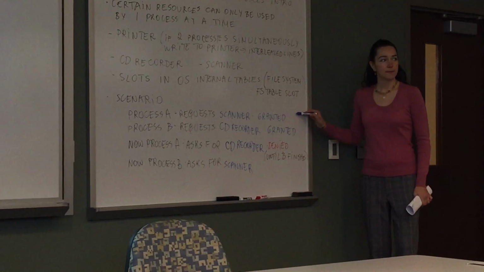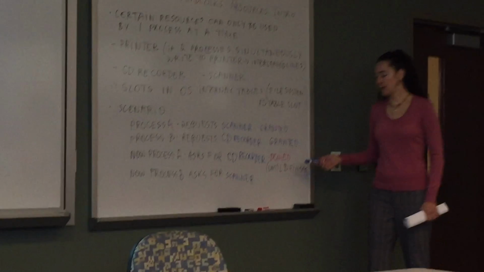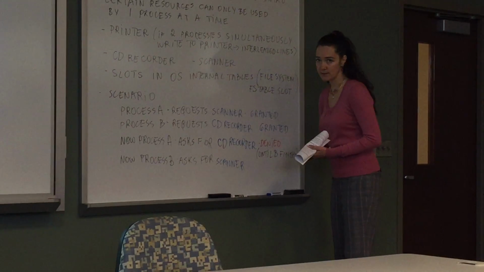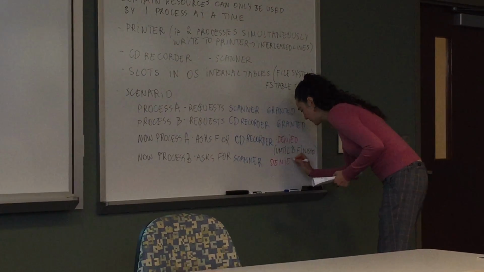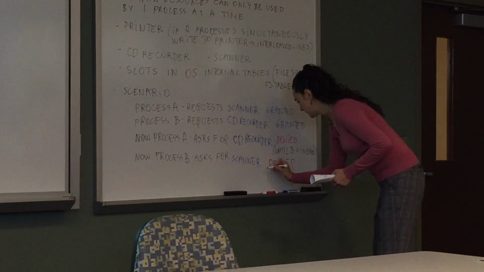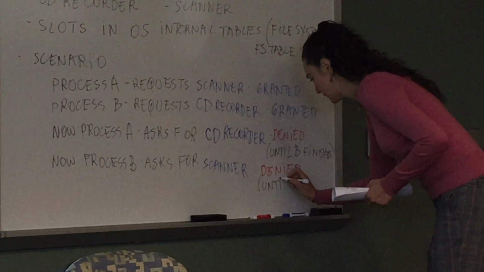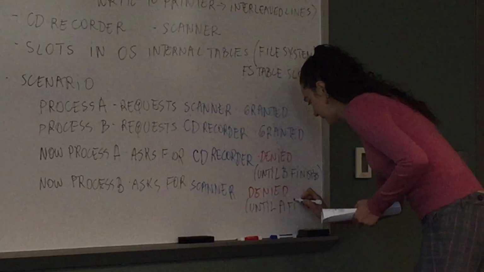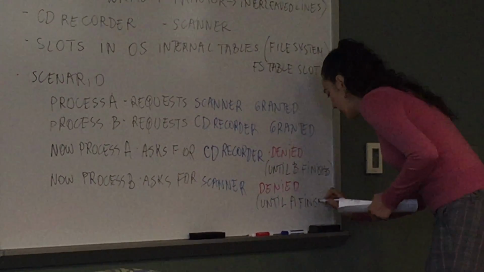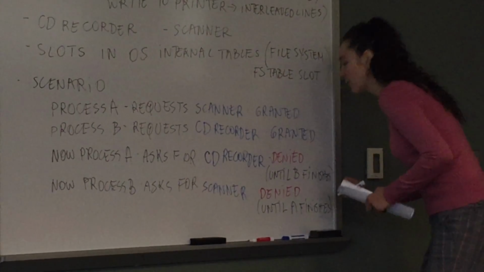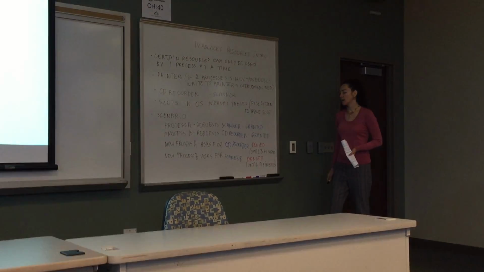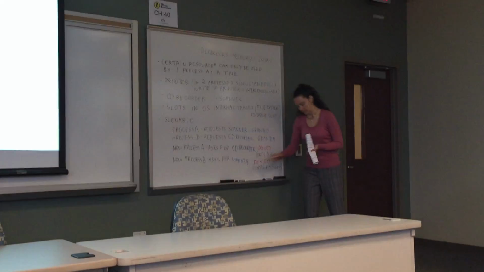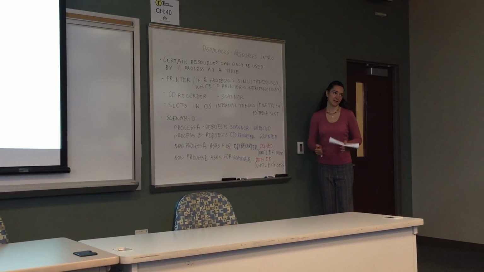So B has to wait until A is finished with the scanner. So that request is denied until A is finished. Are any of these processes running right now? Are they runnable? Are they in a ready state? Or are they in a blocked state?